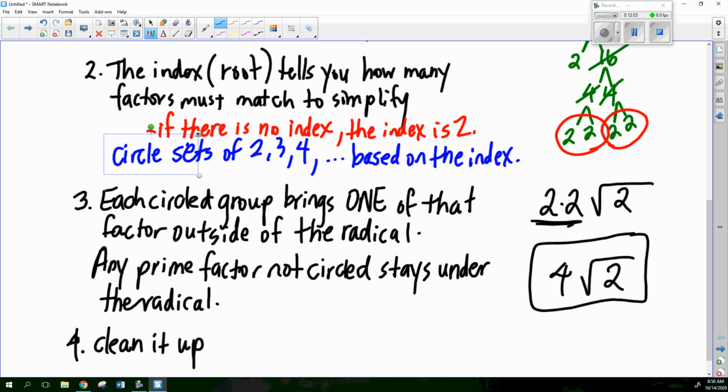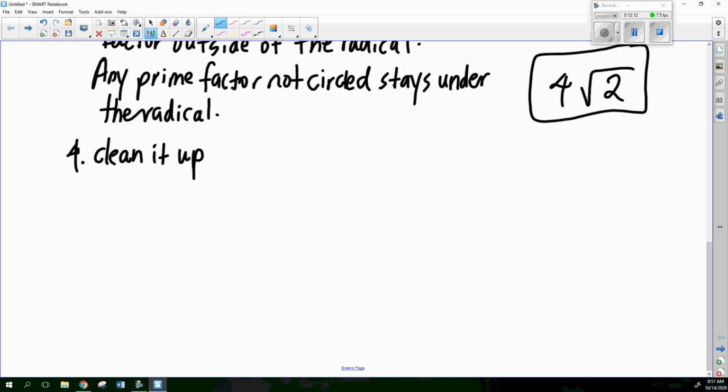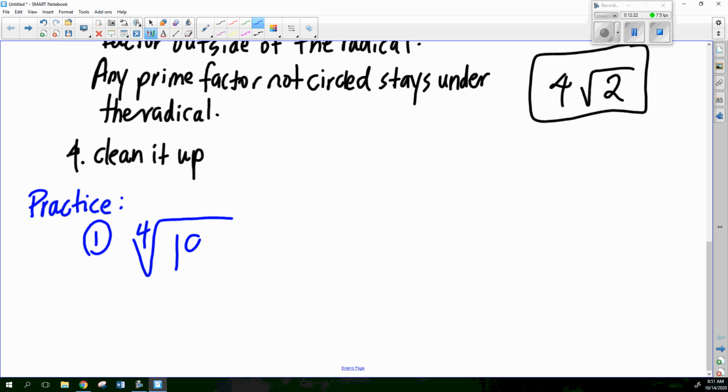All right, so let's practice a couple. All right, so for my practice, I want us to look at the 4th root of 192 and 2 times the cube root of 48.